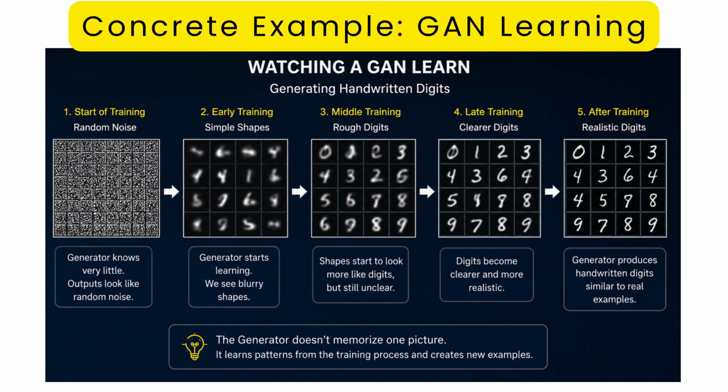Okay, so we will consider this simple example for it. Suppose we want to train a GAN to generate handwritten numbers. At the beginning, the generator doesn't know what a handwritten number should look like. So, its first output might look like random noise. Not very impressive, right? But the training continues and the generator creates images.